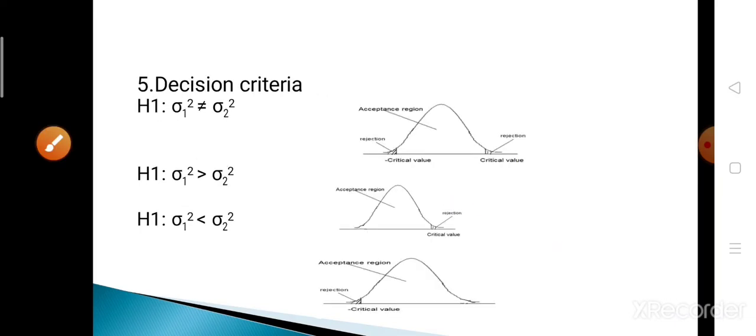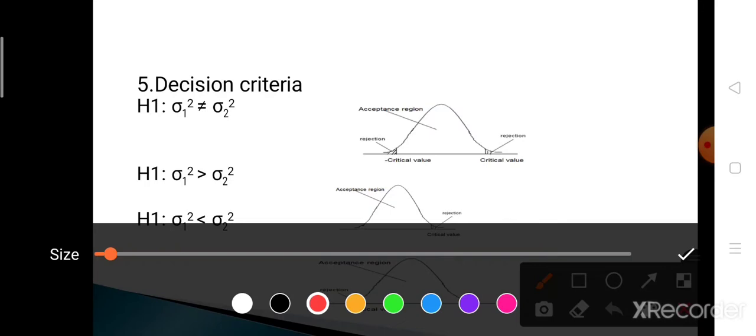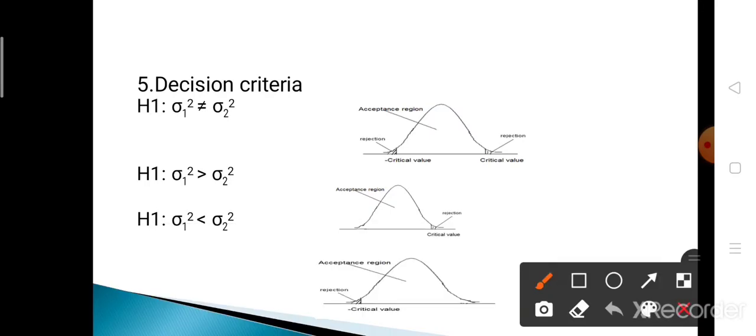Now the last step is the decision criteria. There are three cases: one-sided right, one-sided left and two-sided test. For two-sided test, there are two critical regions, to the right side and to the left side also. So this point is the positive table value and this is the negative table value, and the middle part is the acceptance region.